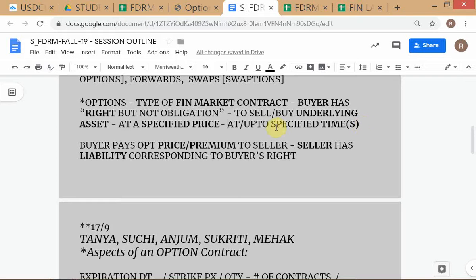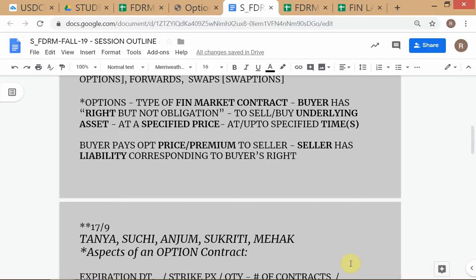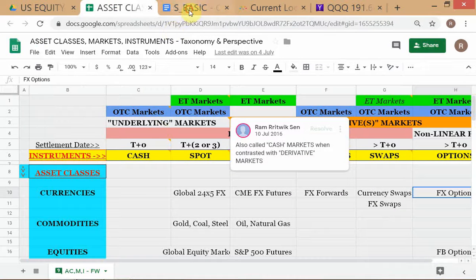Because the person who was mentioning time only mentioned a particular time, but I added "at or up to a specified time," and I think somebody mentioned as well that there should be up to. It could be up to a point in time or at a point in time. And then I added not just time, but times. So basically you have three types of exercise.